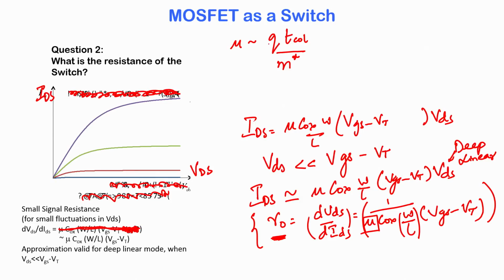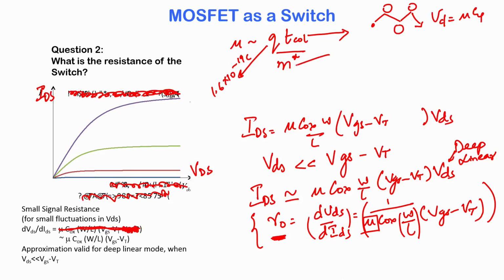What is q? q is 1.6 into 10 power minus 19 coulombs. What is mean collision time? It is the mean time between the scattering events of the carrier, that is scattering through the lattice and through the defects, thereby giving you a definition of mu, where Vd is equal to mu times electric field.